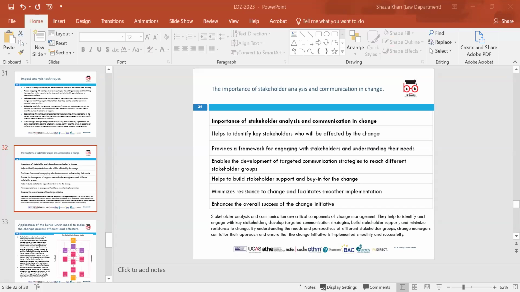Stakeholders need to be involved in it, and they need to have good communication, and it helps build support with the stakeholders. It enhances the overall success of the change initiative. So getting them involved, and communicating and being transparent with your stakeholders is really important, rather than ignoring them and not getting them involved.